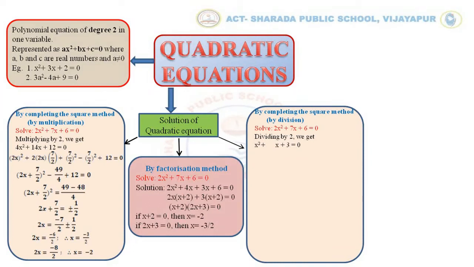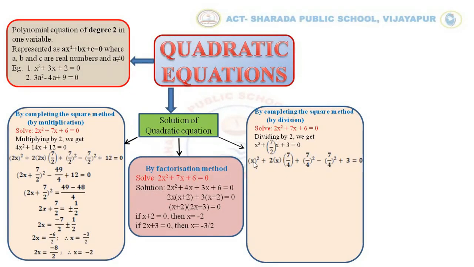Next, the second type of the completing the square method is by division. That is, to make the x square term a perfect square, in the multiplication method we multiplied by 2, but in this one we are dividing by 2. Then we get x square plus 7 by 2 x plus 3 is equal to 0.